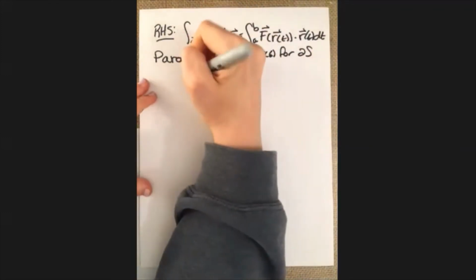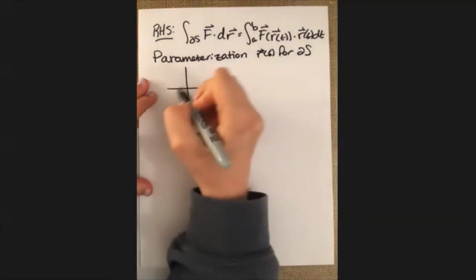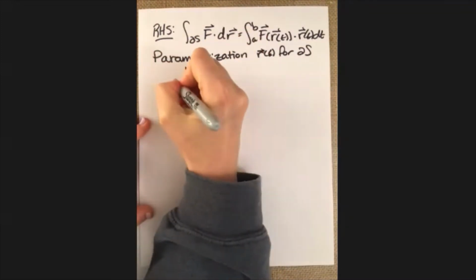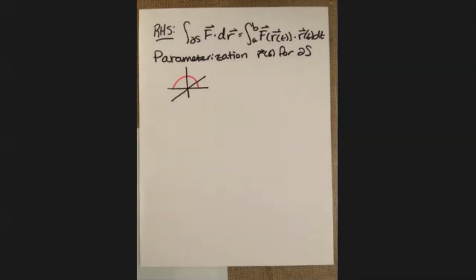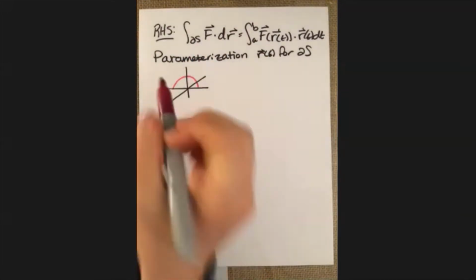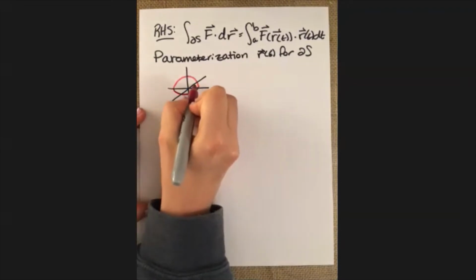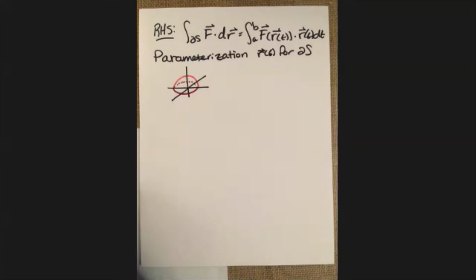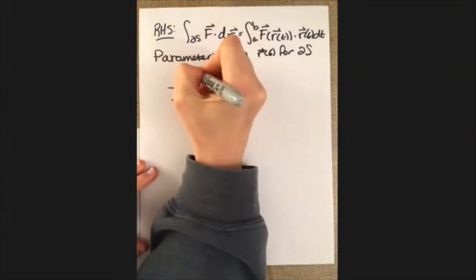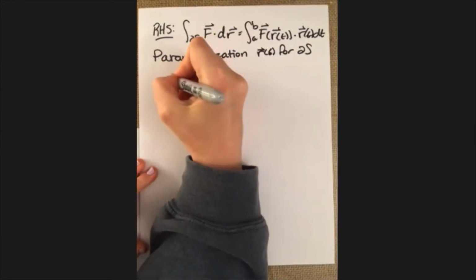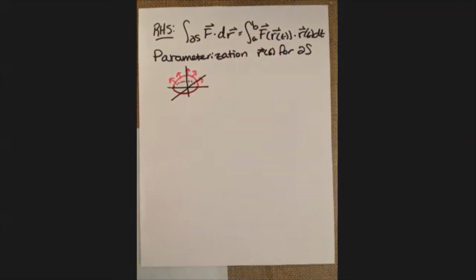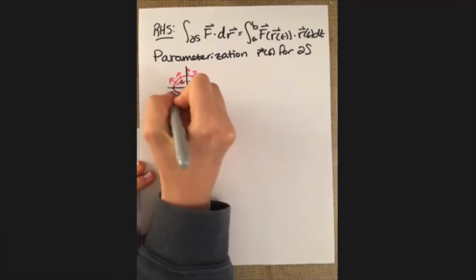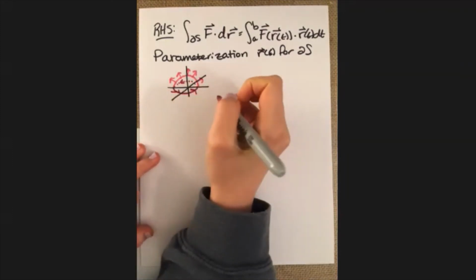So again, looking back to our surface, since we want the outward or upward pointing normal vector on our dome, the right-hand rule tells us that we're going to need a counterclockwise orientation for the boundary there.